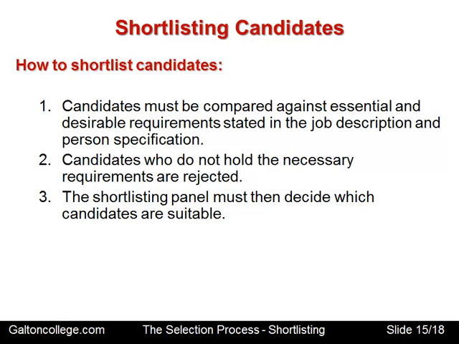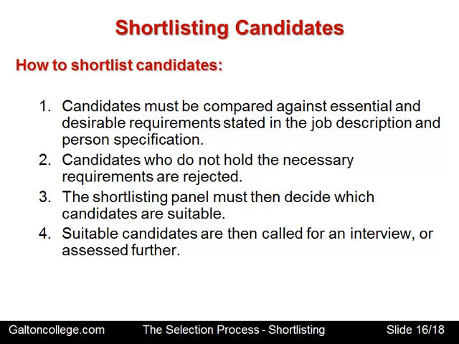So they look down, they've rejected perhaps some, they must now decide which ones are suitable, which ones best match the requirements of the business. Suitable candidates are then called for interview or for further assessment. They might have to go to assessment centres, and we'll talk about those later. But they may be called for further assessments, or they may be called for interview.